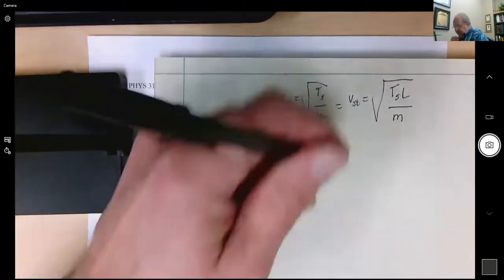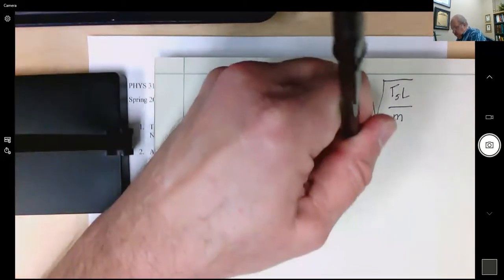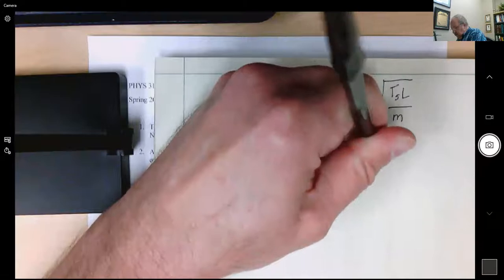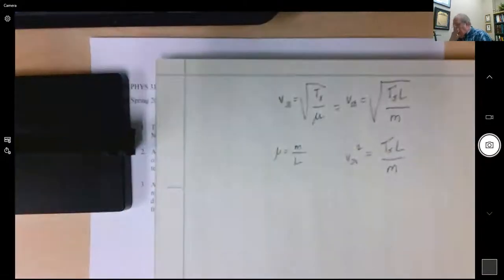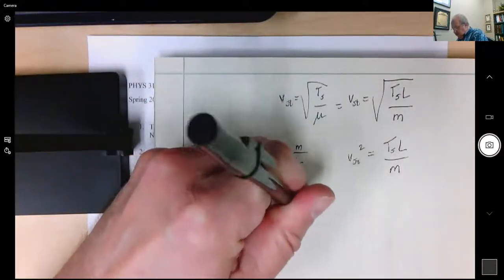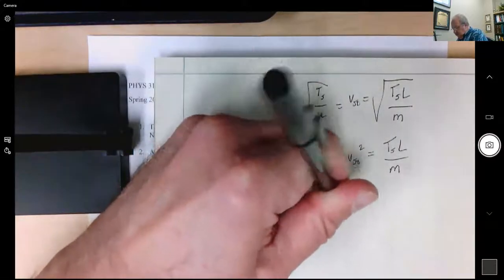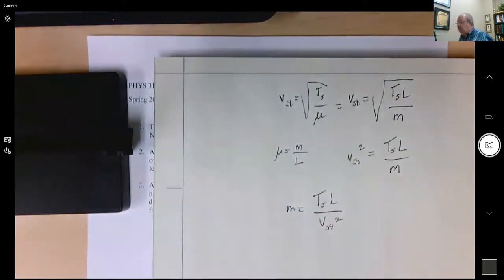Then I just square both sides and I can solve directly for the mass. The velocity squared is equal to the tension times the length, divided by the mass. Rearranging, the mass is equal to the tension of the string in newtons times the length divided by the velocity of the string squared.